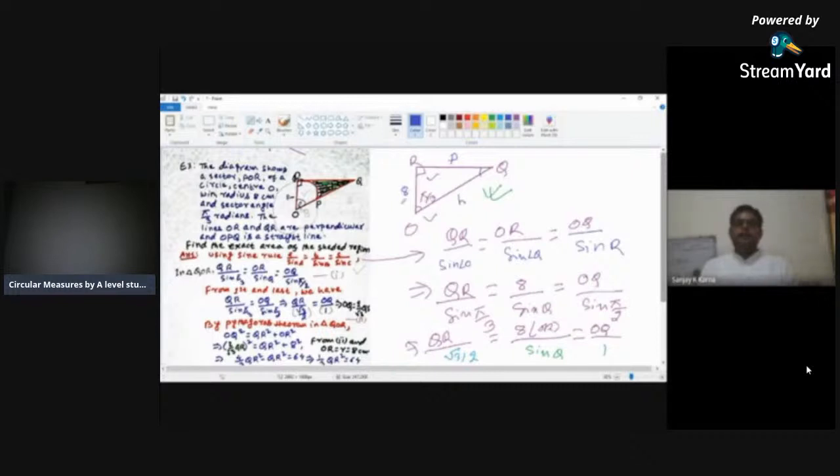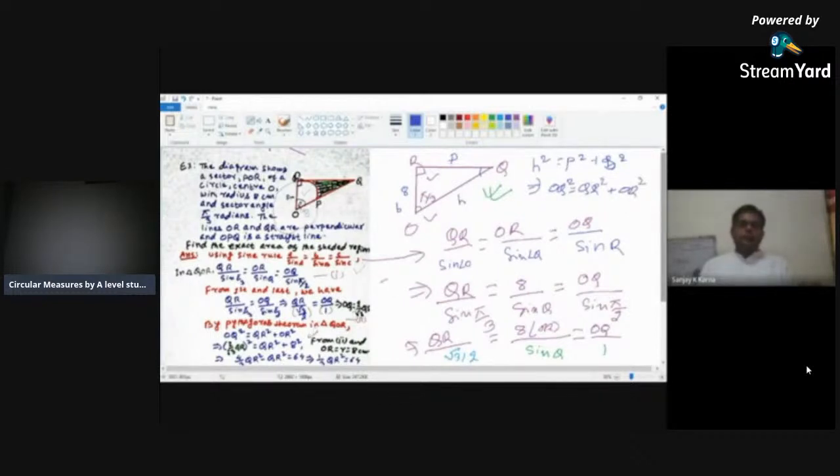So Pythagoras theorem states that h squared equals p squared plus b squared, and in place of h squared you can write OQ squared, and b squared means you can write QR squared. So the same thing has been used here.